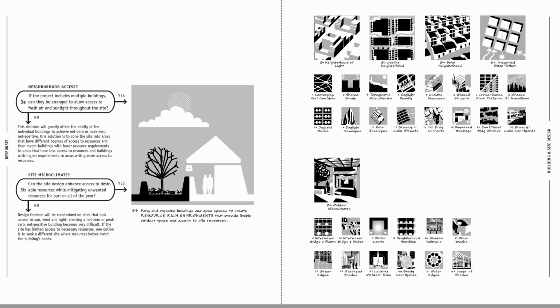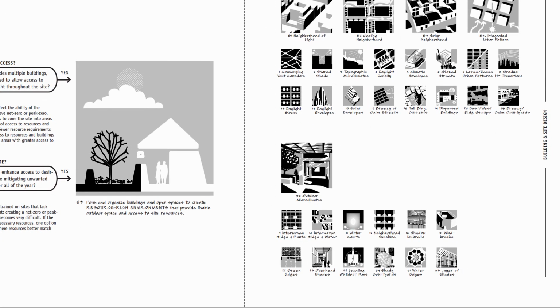That's a neighborhood scale bundle, as is cooling neighborhood, solar neighborhood, and integrated urban pattern, which deals with all 3 of those, heating, cooling, and lighting. And then a 4th one, outdoor microclimates. Then you see the smaller icons for each design strategy. Those are strategies that will be associated with each of those bundles.